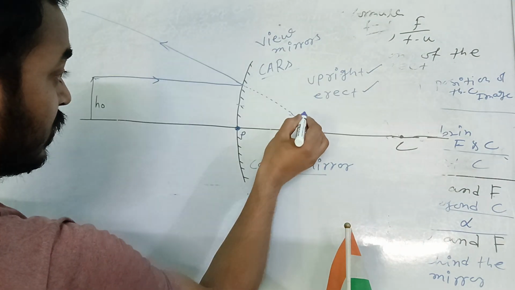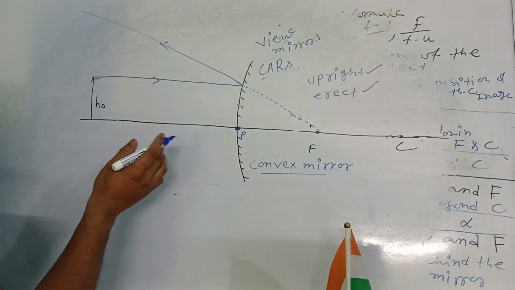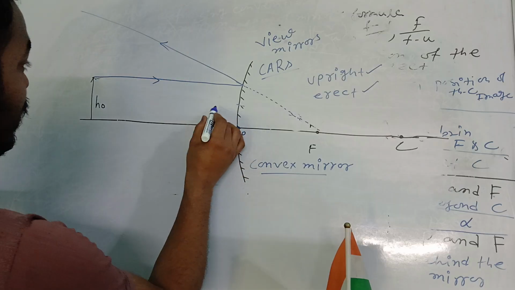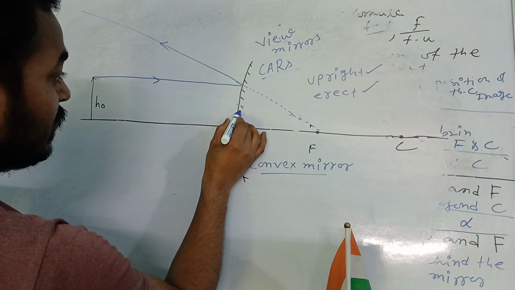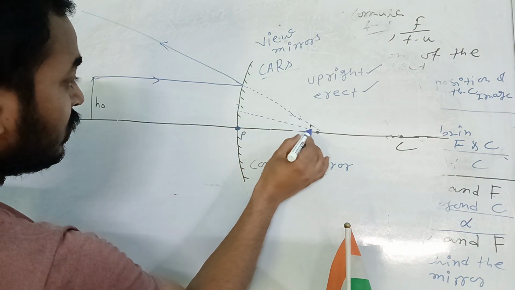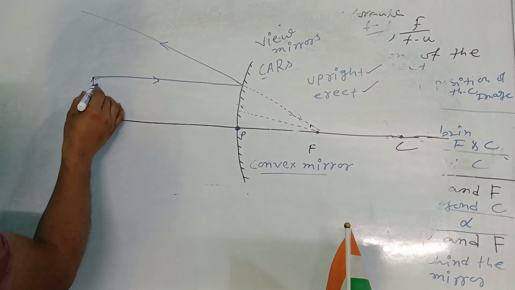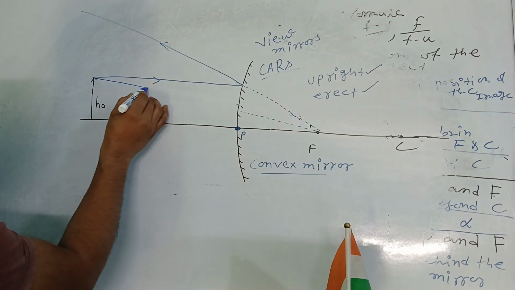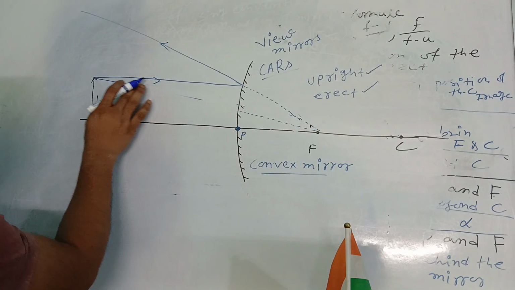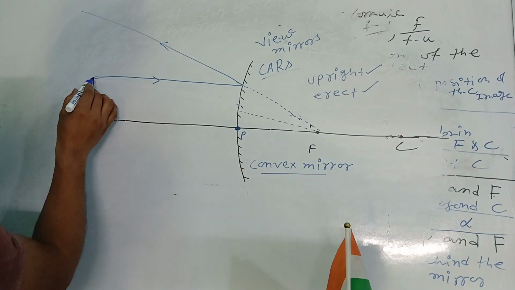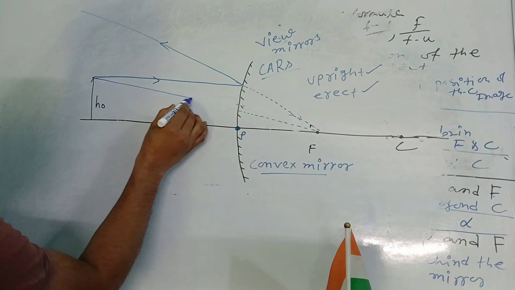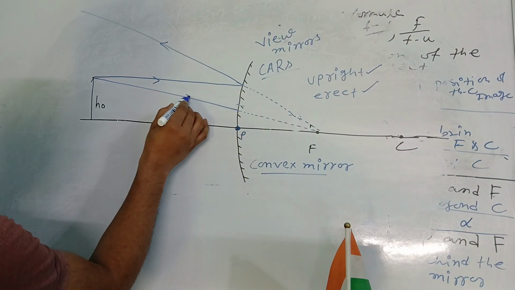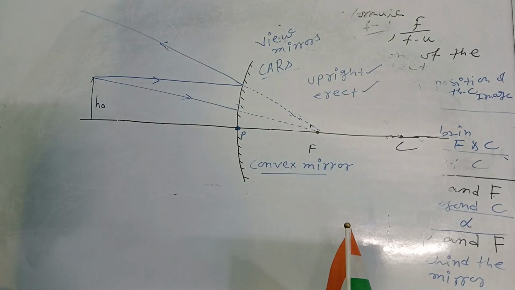Another one. Say this ray is moving towards the focus. So I am taking one ray which is moving towards the focus.